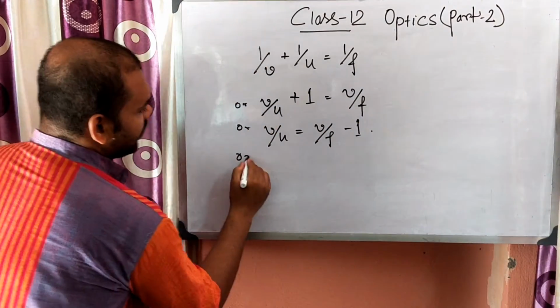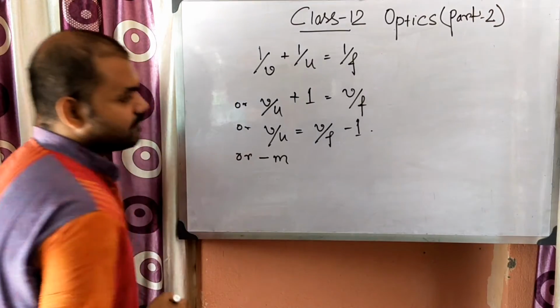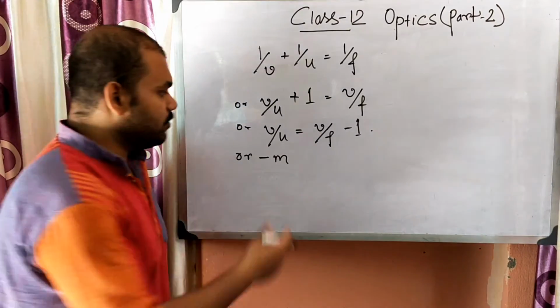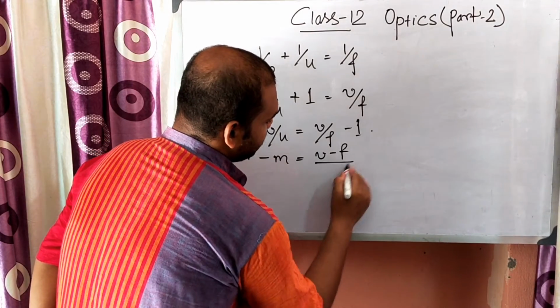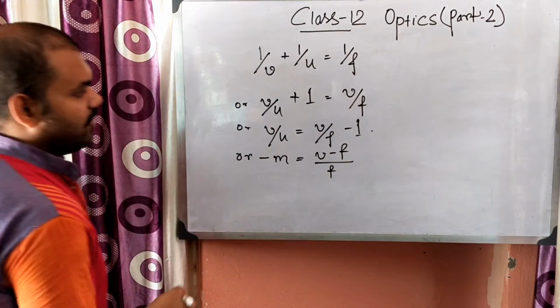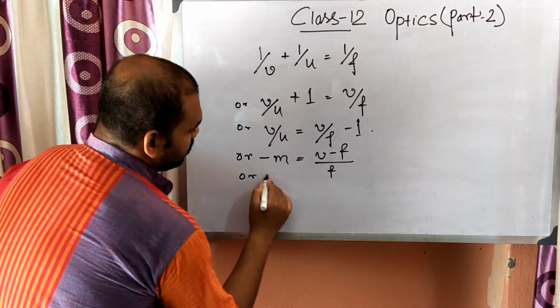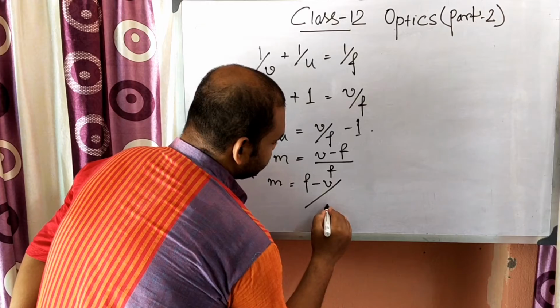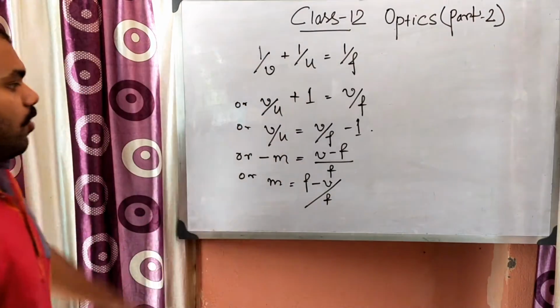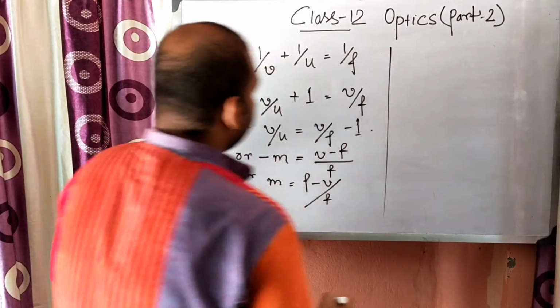Or v by u can be written as minus m, because m is equal to minus v by u. So this can be written as v minus f by f, or you can write m is equal to f minus v by f.